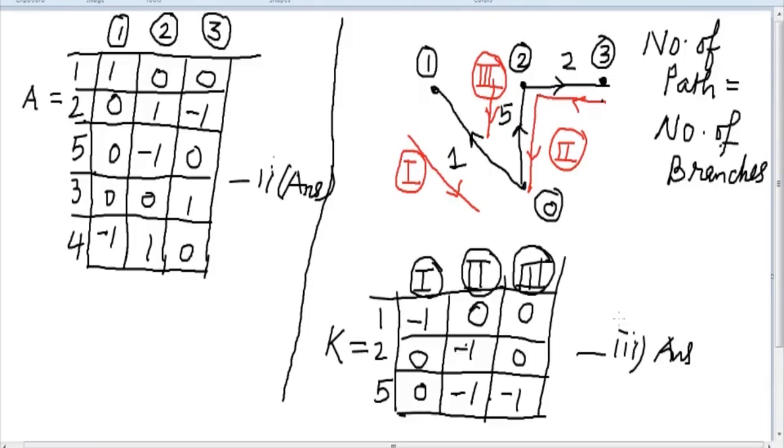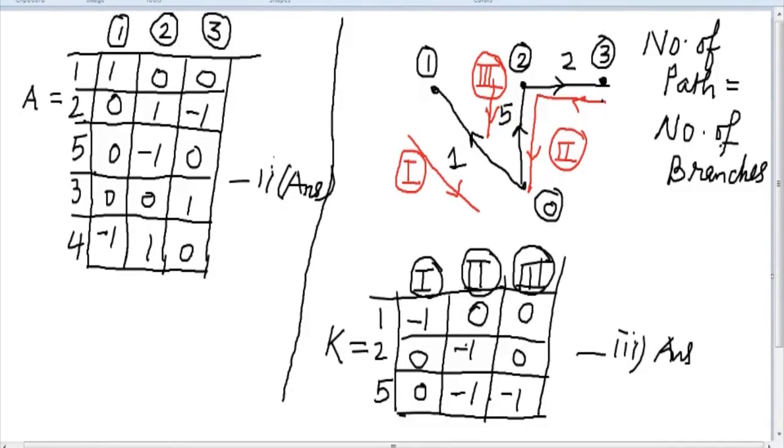Now the fourth matrix is the basic cut set incidence matrix, and this matrix is supposed to be the most difficult matrix in the entire unit, right? There will be many difficulties in making this particular matrix. I have already stated a very simple procedure in the previous problem, and in this problem I will state a very simple procedure with the help of which you can write the matrix.